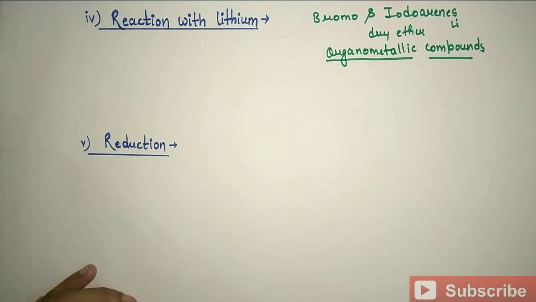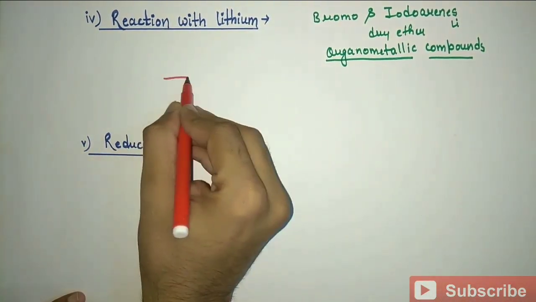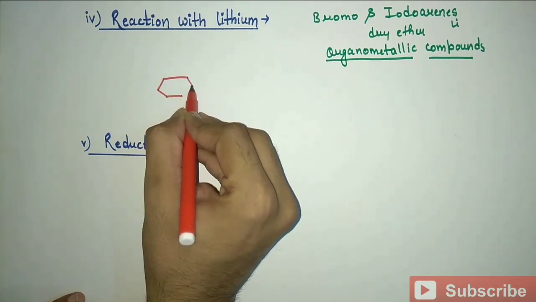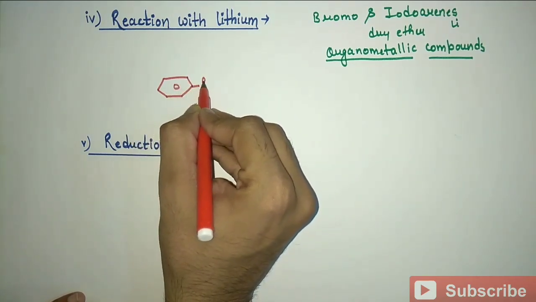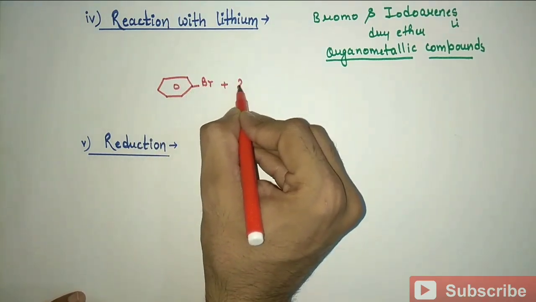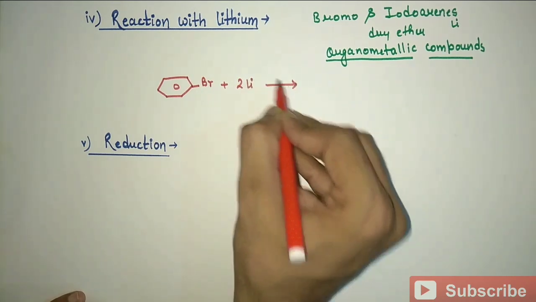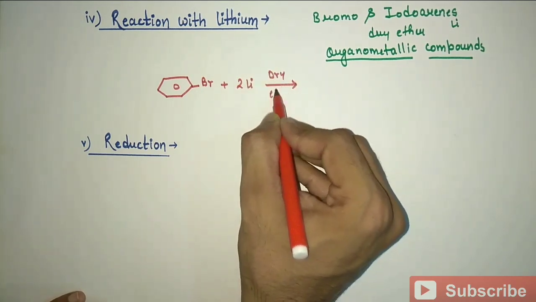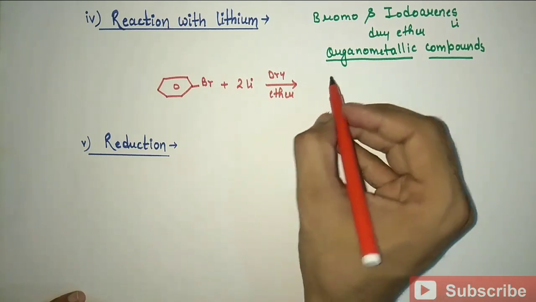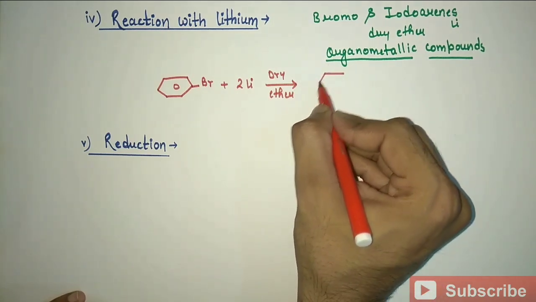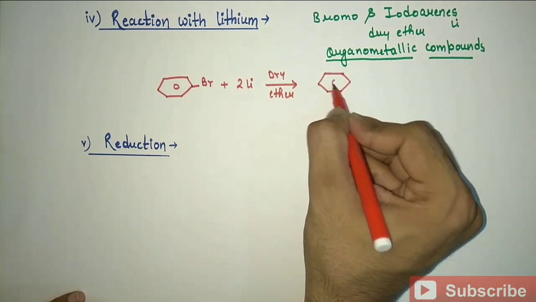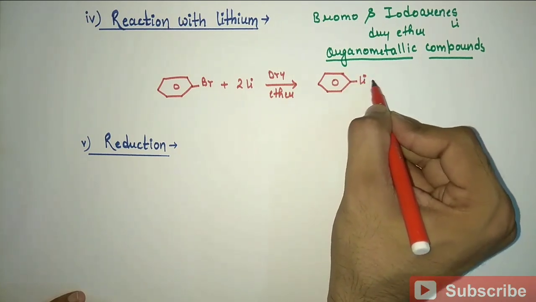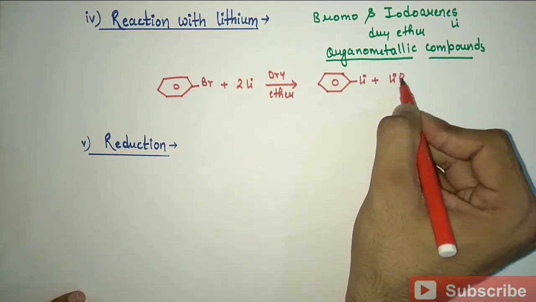Let's see. So this is our bromobenzene. It reacts with the lithium metal in the presence of dry ether as a solvent. So it will form the phenyl lithium. And the byproduct will be LiBr.